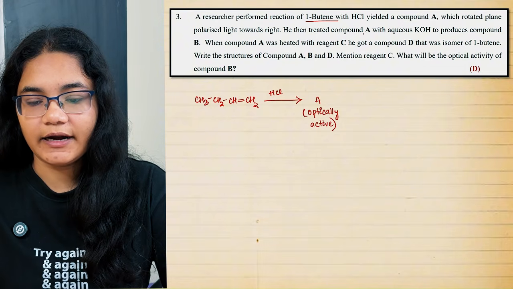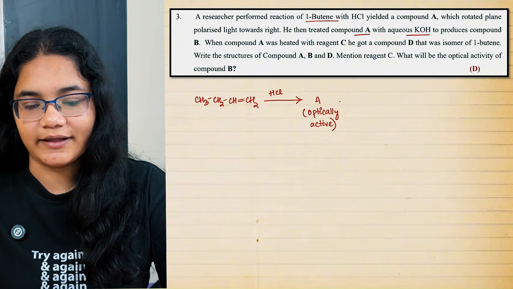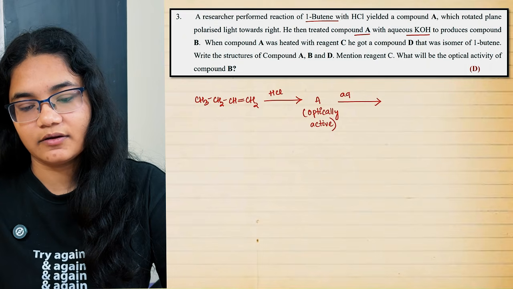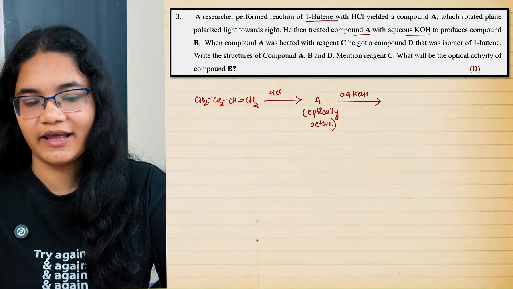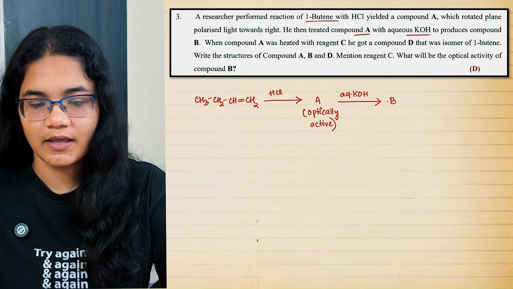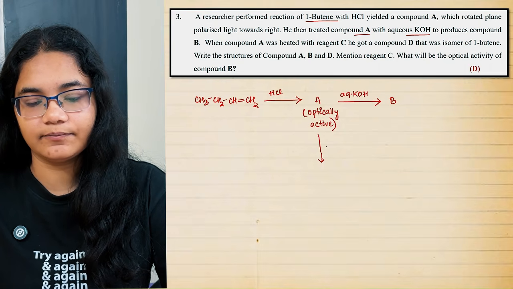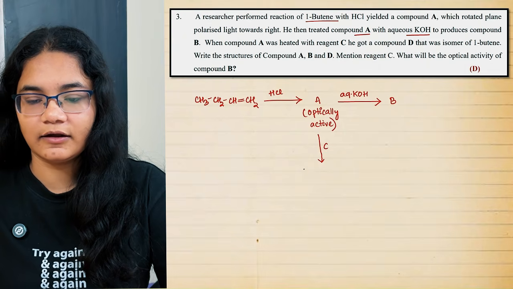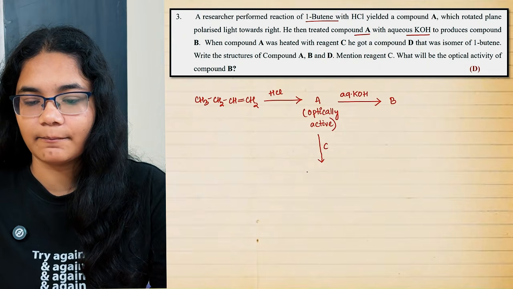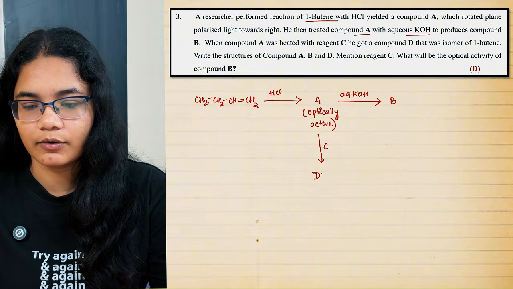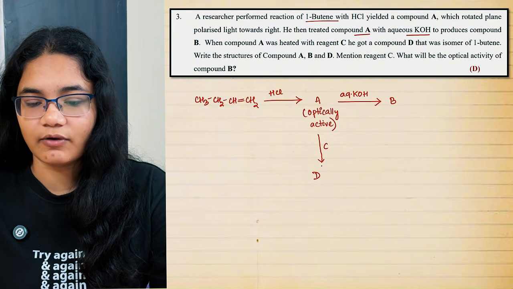Then he treated compound A with aqueous KOH to produce a compound B. Now compound A was heated with reagent C to get a compound D, that was an isomer of 1-butene.